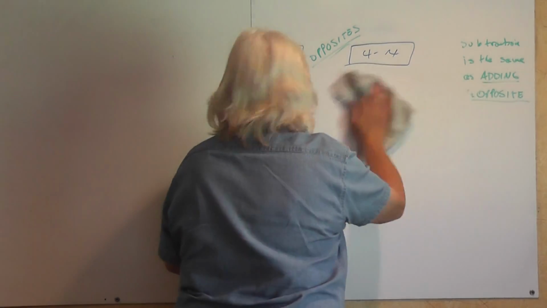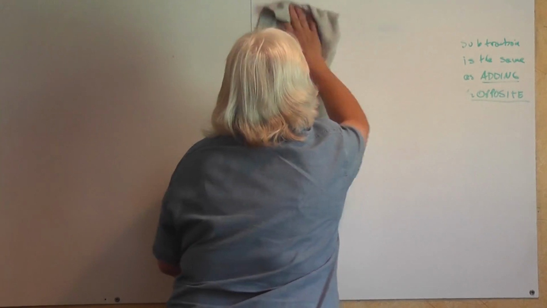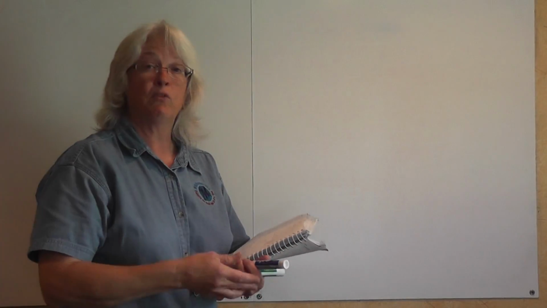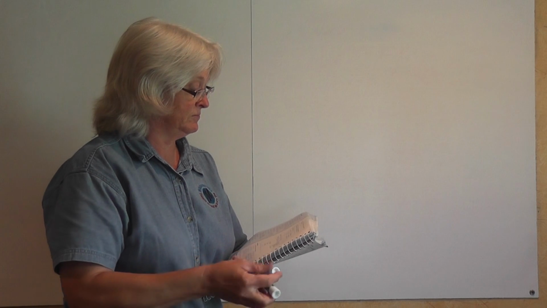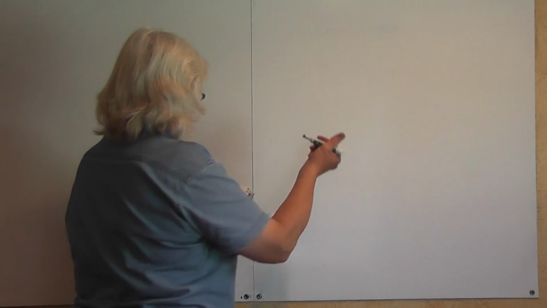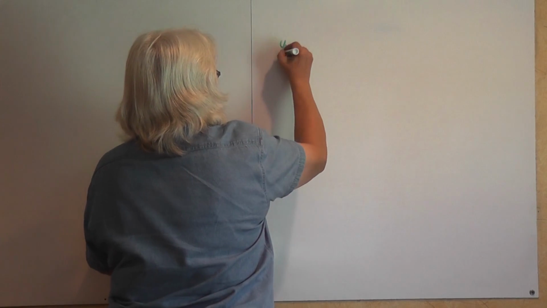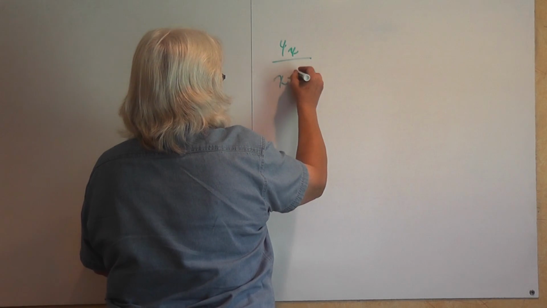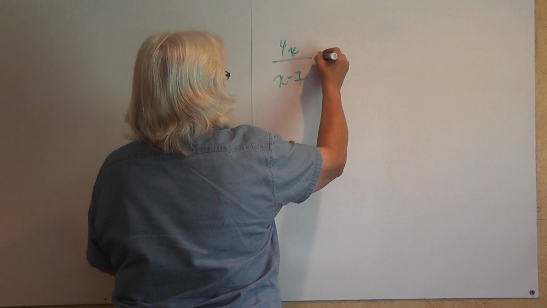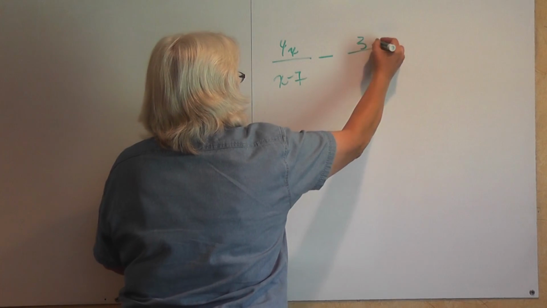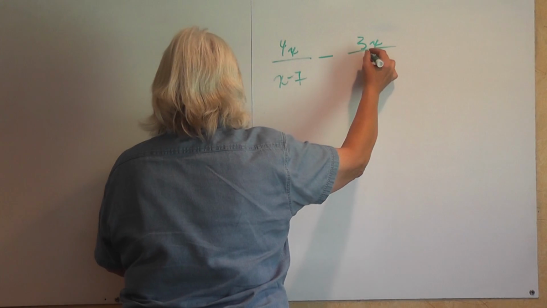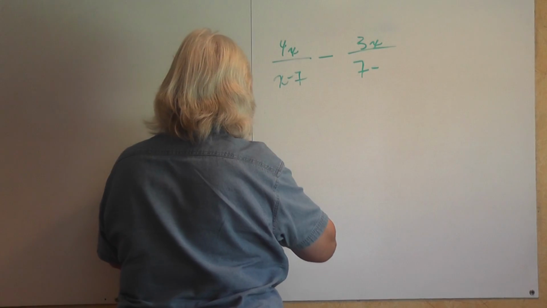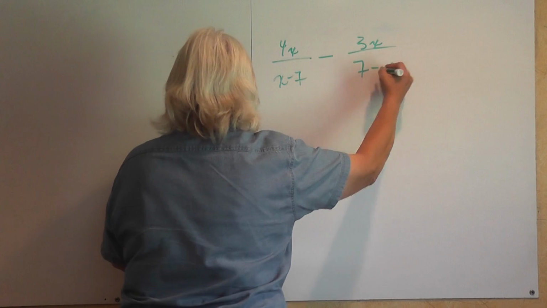So let's look at example number 3 on page 402. We have subtract 4x over x minus 7. We're going to subtract 3x over 7 minus x.